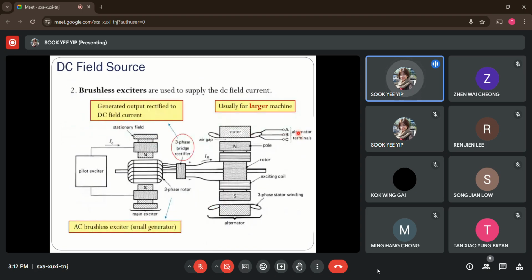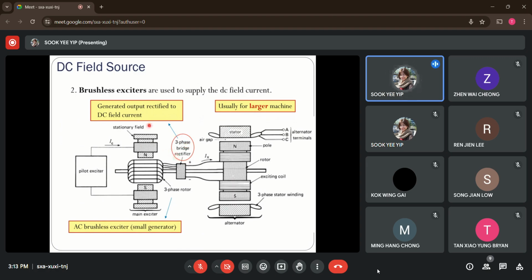Now the other way is by supplying the DC field current to the rotating rotor by using brushless exciters. Usually this method is applied for larger size machines. If you check out this diagram, right-hand side again, we have the three-phase generator, and this time the generator is connected to the main exciter, or what we call the AC brushless exciter. It is actually a mix of a small generator. The output from the generator goes through a three-phase bridge rectifier.